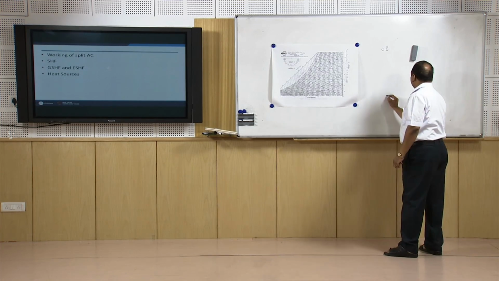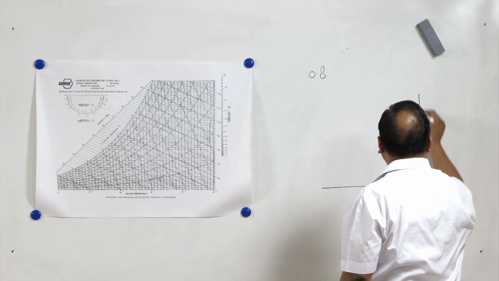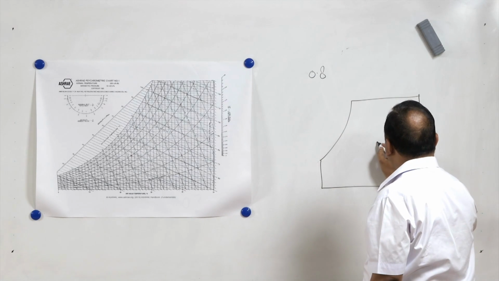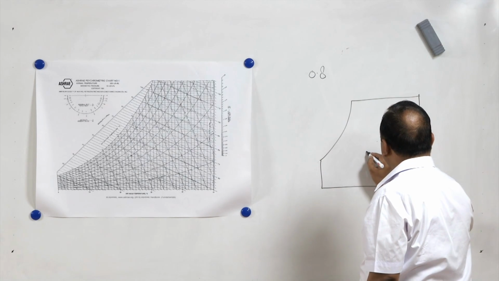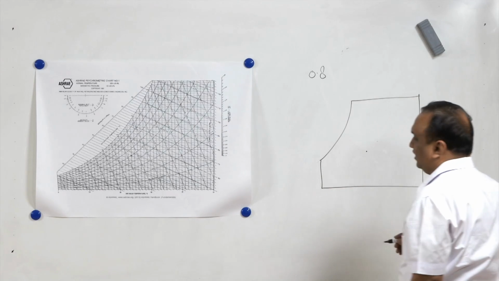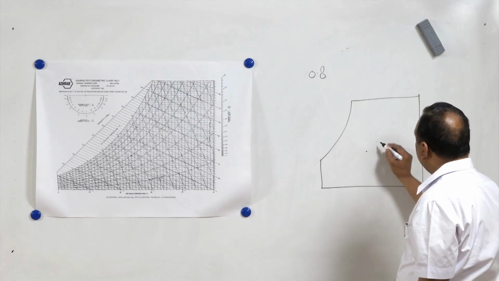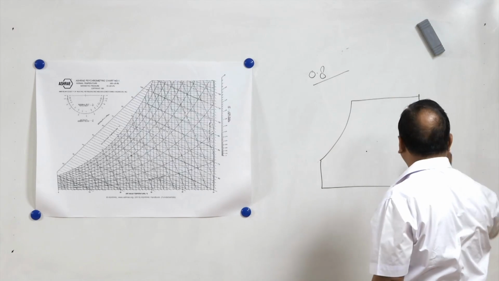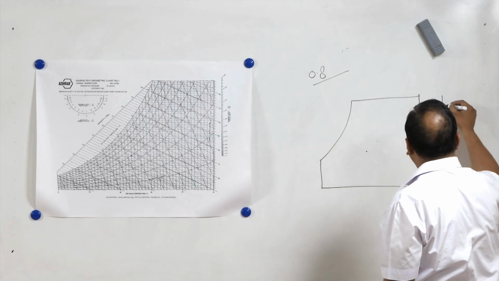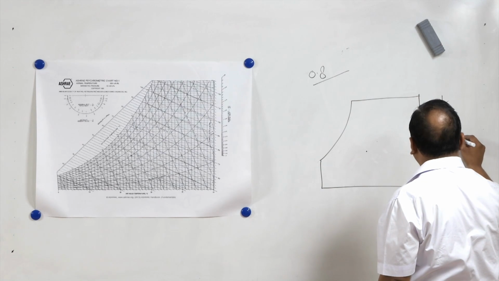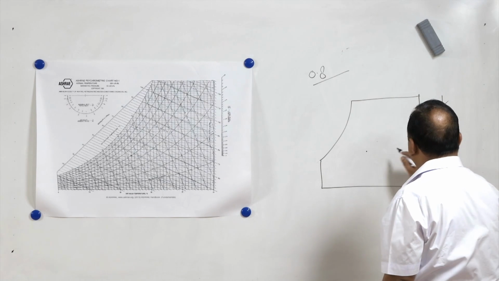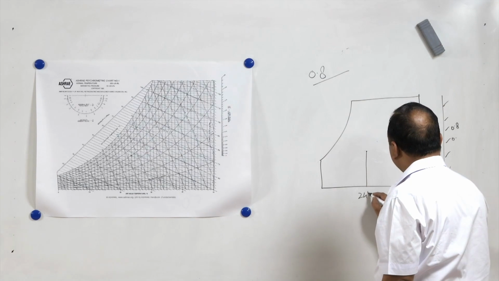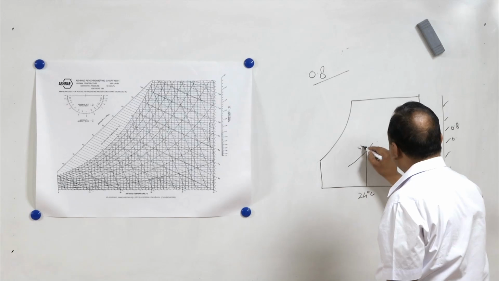So, on a psychometric chart, if I want to show the constant sensible heat factor line, suppose this is our room air condition, 24 degrees centigrade temperature and 50% RH.